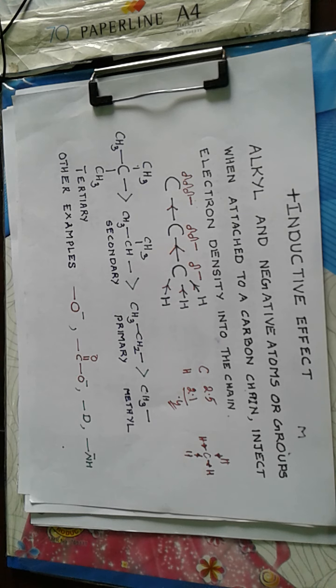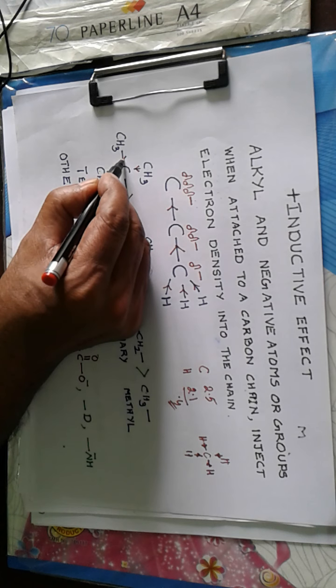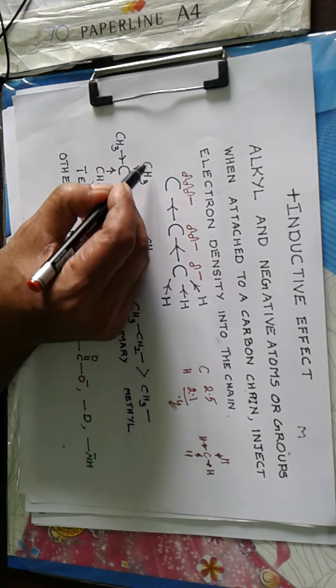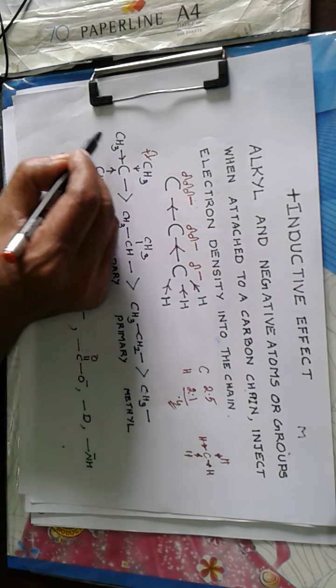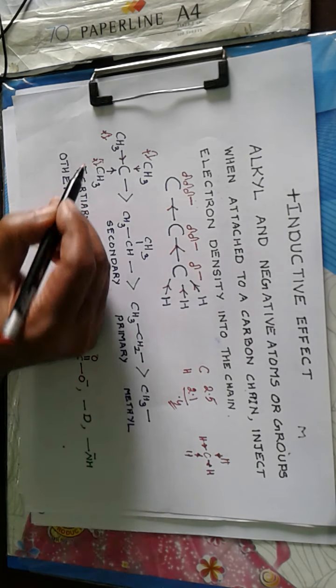Now in the case of a tertiary alkyl group, this methyl group shows plus I, this methyl group shows plus I, and this methyl group shows plus I.